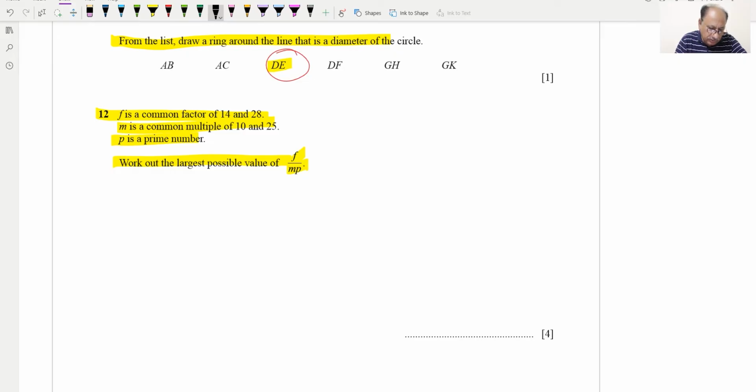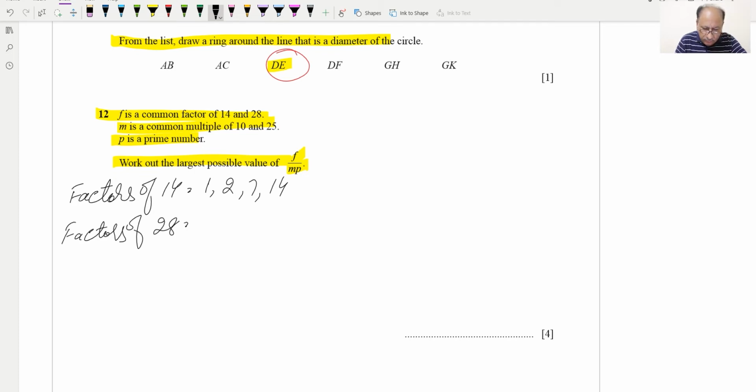So we can write factors of 14, and factors of 14 will be what? 14 is divisible by 1, 2, 7 and 14. Similarly, factors of 28 are 1, 2, 4, 7, 14 and 28.